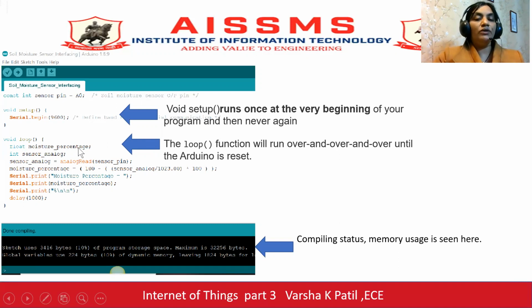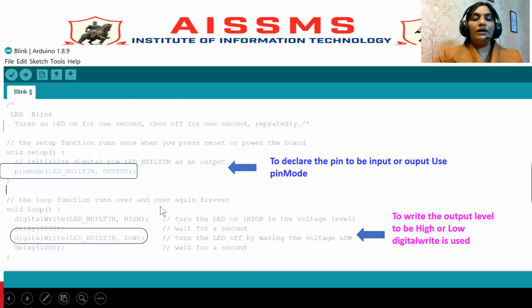Once it goes to void loop, it runs over and over and over again. Whatever output we get related to compiling status, memory usage, or warnings is seen in this window. So this is the structure of Arduino IDE.